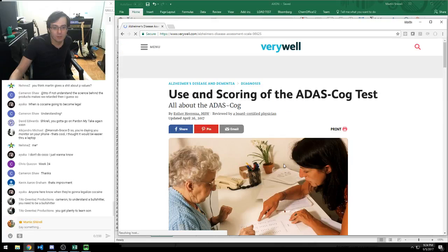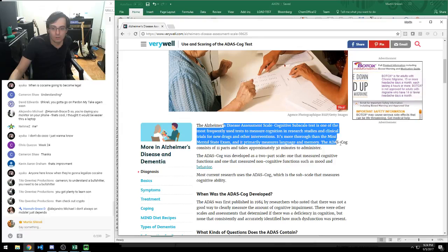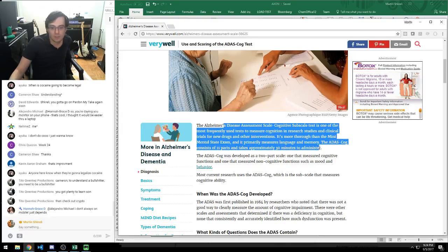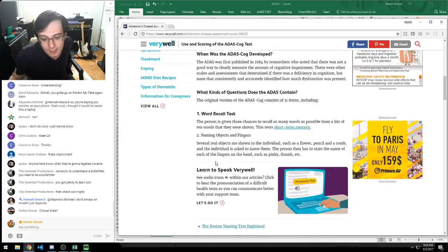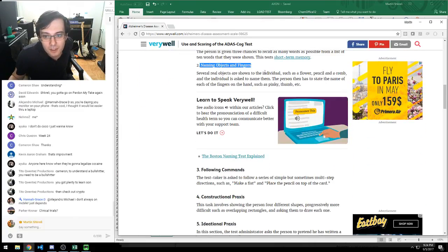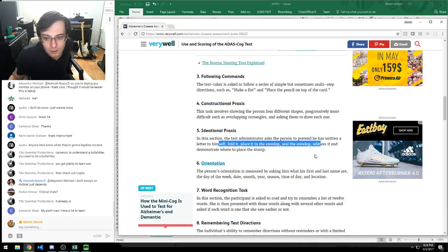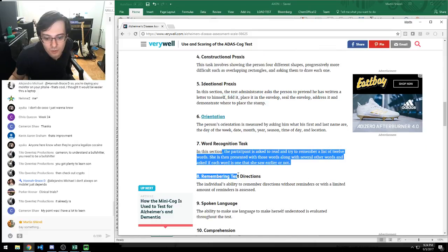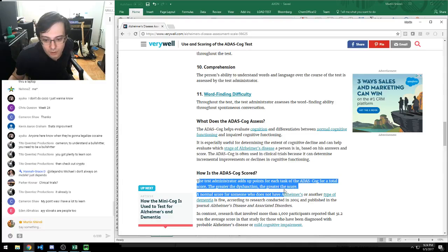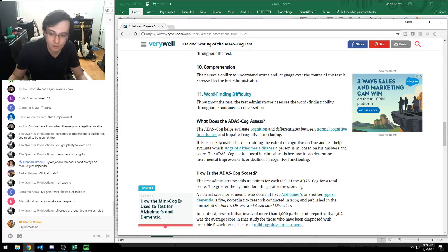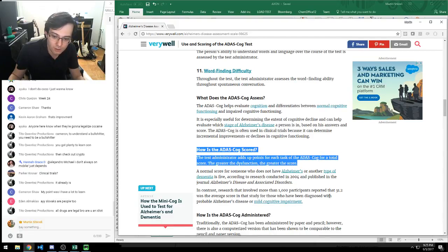Let's maybe go somewhere else. 11 parts, takes 30 minutes to administer. Word recall task, naming objects and fingers, following commands, shapes, letters, orientation, words, comprehension, etc. So I guess the greater the dysfunction, the greater the score.